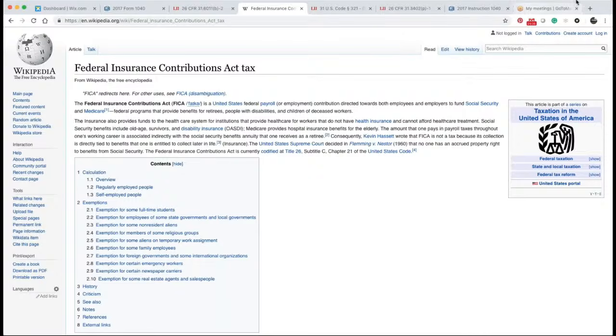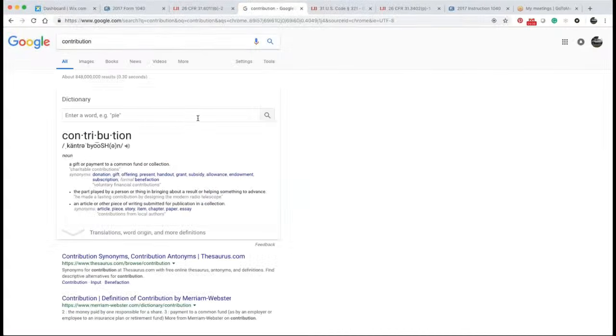And they said it's a contribution. So what's the definition of a contribution? When I think of contribution, it's a gift or payment to a common fund or collection.